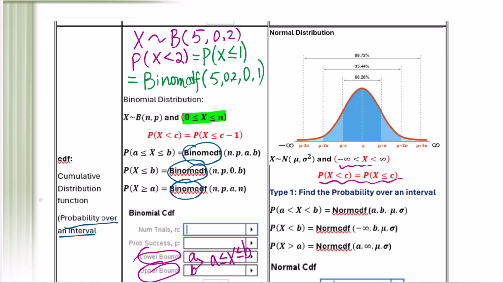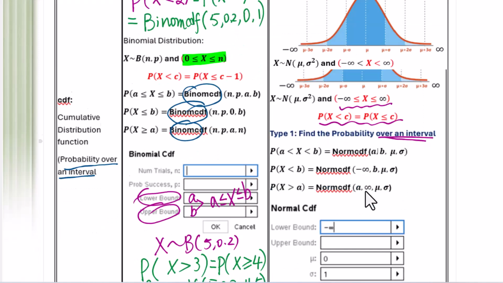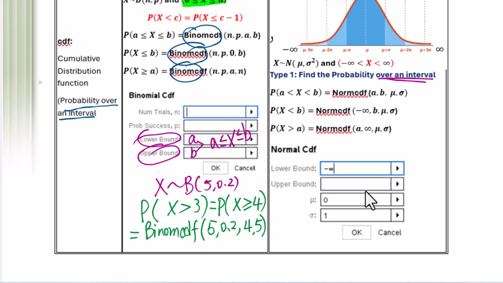There are 3 types of questions for normal distribution. Type 1. Find the probability over an interval. We've got to use norm CDF. For example, we are given x follows normal distribution 5 and 0.2 squared.